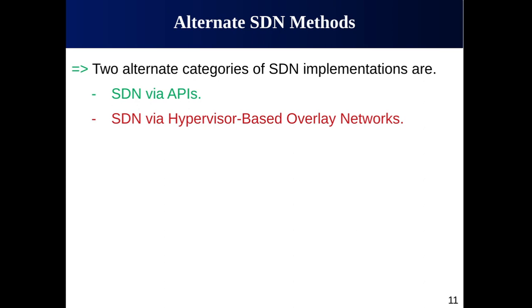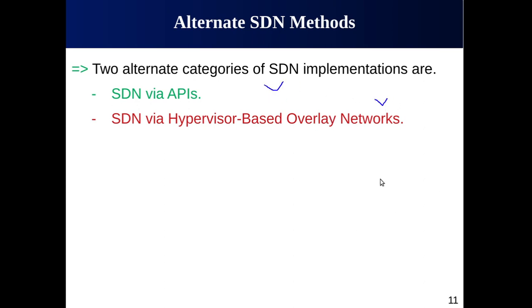However, there are other proposed methods of accomplishing at least some of the goals of SDN. And these methods are generally associated with a single networking vendor, or maybe a group of vendors. Up till now, two alternative categories of SDN implementations have been proposed. One of them is called SDN via APIs, and the second one is via hypervisor.